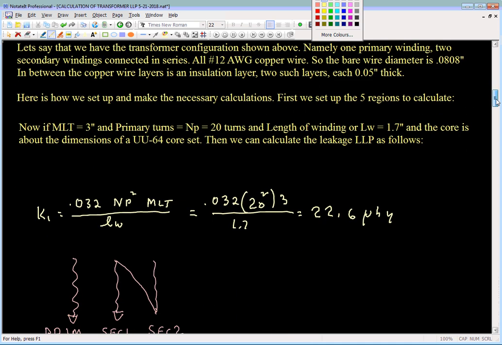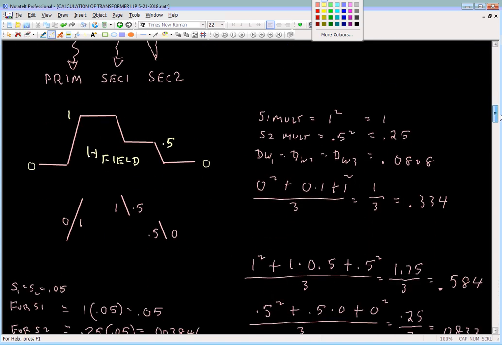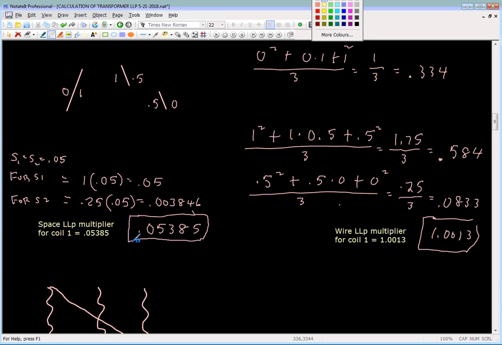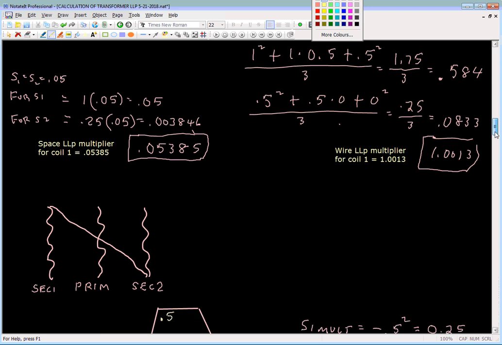Okay, go down a little further and come up with those numbers. Then we say it's 1 times 0.05 and 0.25 times 0.05. Those are the S parameters. Then we come up with these two numbers, add them up, because we're going to multiply this times the K factor to come up with the inductance.